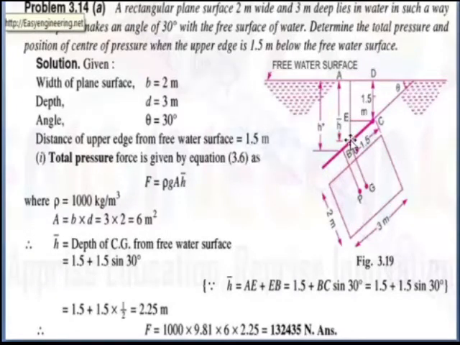Then AE is equal to 1.5, and in this triangle we can write the value of EB as DC sine theta. So 1.5 sine theta, h bar is equal to 1.5 plus 1.5 sine theta. By solving this we get the final value of h bar as 2.25.